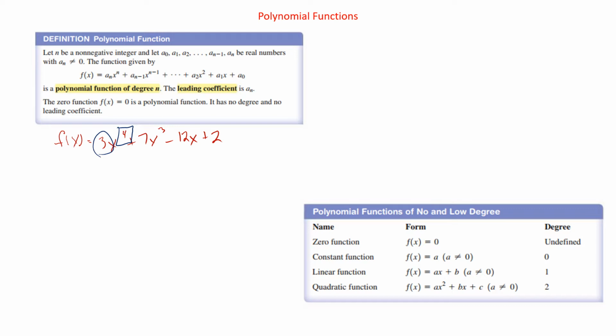We could go up to cubic if we wanted to. A cubic function, f of x equals ax cubed plus bx squared plus cx plus d, where a can't equal 0, and that has a degree of 3. A quartic would be with a degree of 4. Quintic is a degree of 5, and we can keep going.